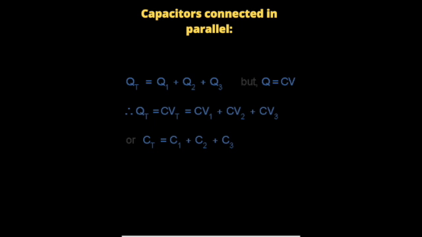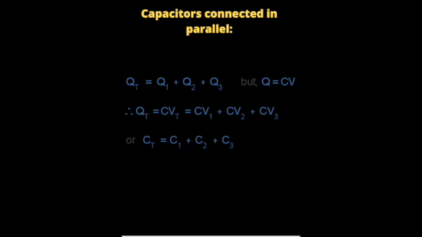So we have charge 1, which is Q1, which is C1 times V. We have charge 2, which is C2 times V. We have charge 3, which is C3 times V, and the charge N we want. So if we want the total charge, we can express it like Q equals Q1 plus Q2 plus Q3. So we just have to add them.